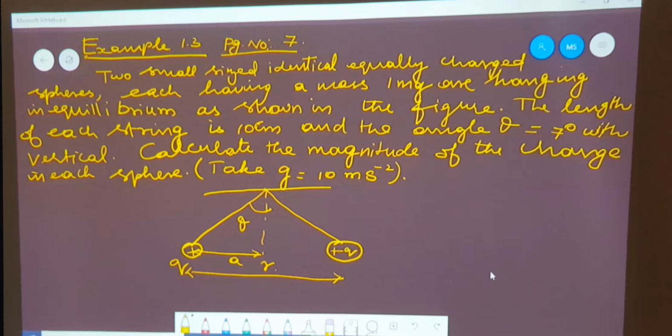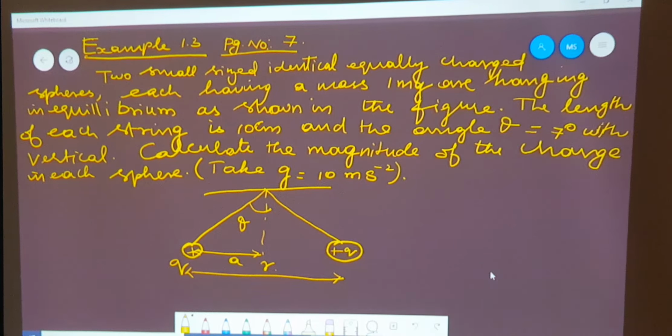Two small sized, identical, equally charged spheres, each having a mass of 1 milligram, are hanging in equilibrium as shown in the figure.